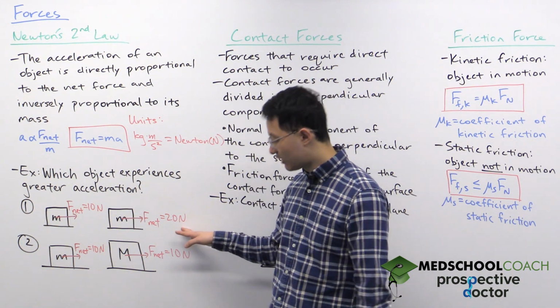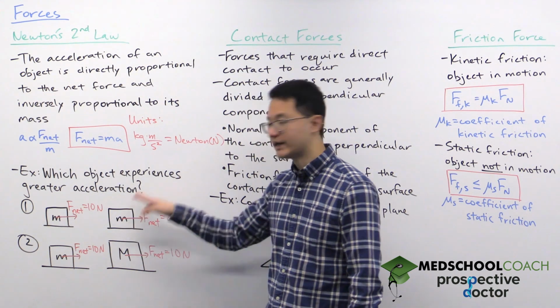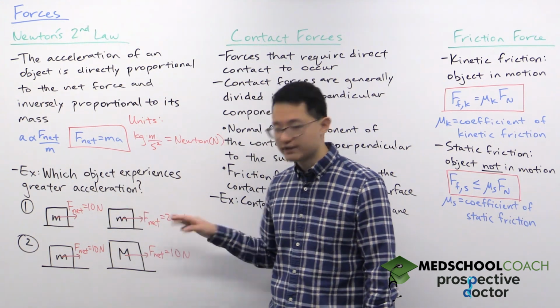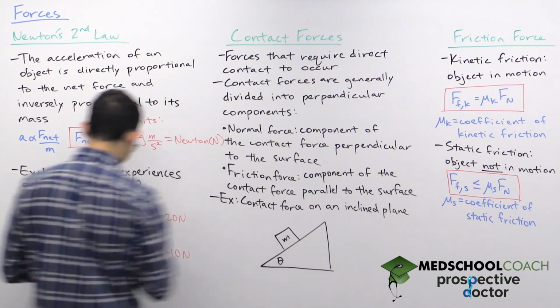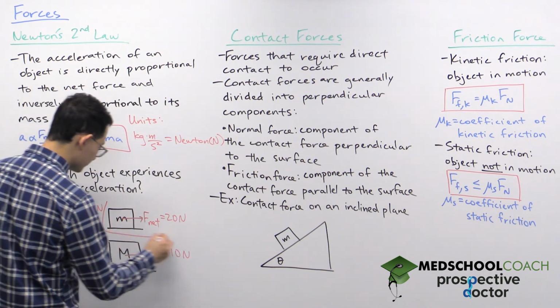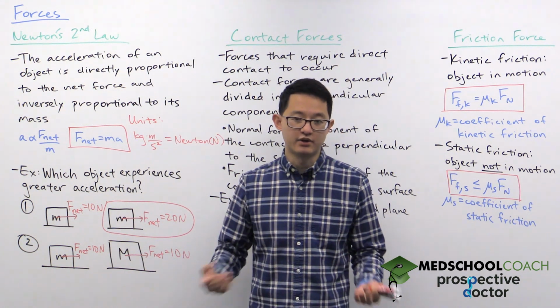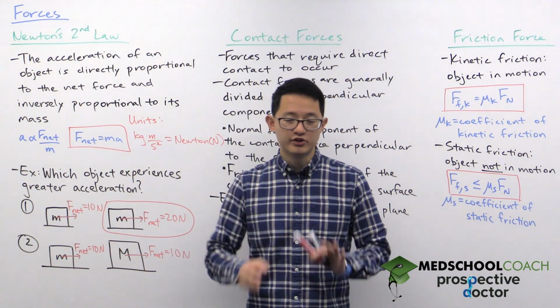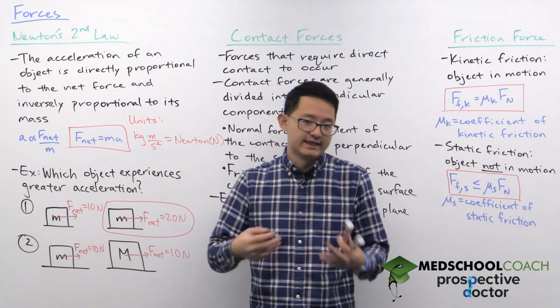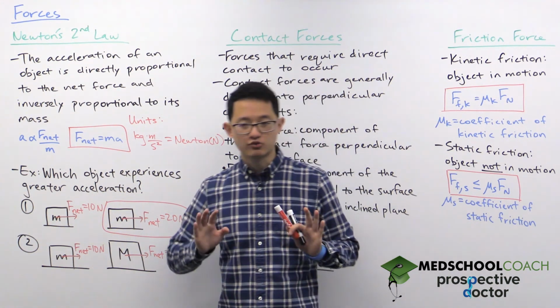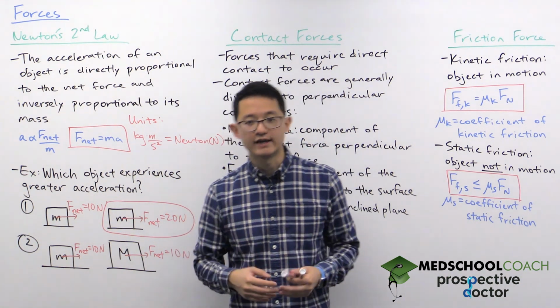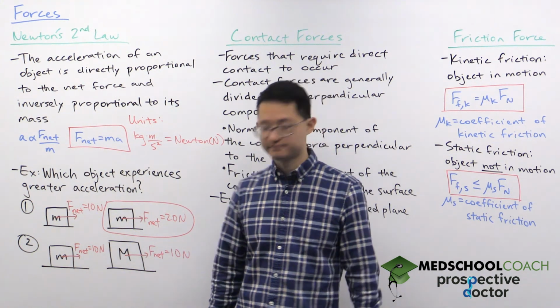So since the object on the right experiences a greater net force, it will experience a greater acceleration. This shouldn't come as a huge surprise, because if you push with a weaker force, you're going to get less acceleration. If you push with more force, you're going to get greater acceleration.